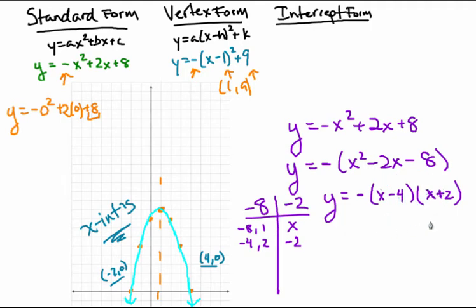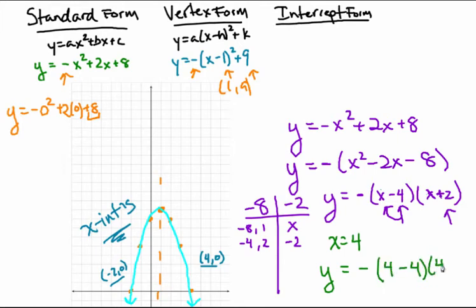This is called intercept form because this value of 4 and this value of 2 tell us where the intercepts are. It tells us what values we would have to plug in for x to make y equal to 0. For example, what if we plugged in x equals positive 4? Well, y would equal negative (4 minus 4) times (4 plus 2).